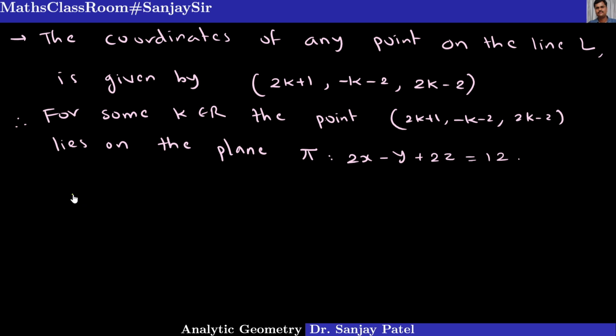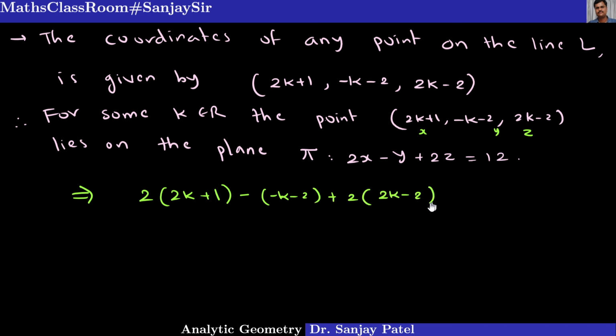So we substitute x, y and z: 2 into (2k plus 1), minus 1 into (minus k minus 2), plus 2 into z, which is (2k minus 2), is equal to 12.